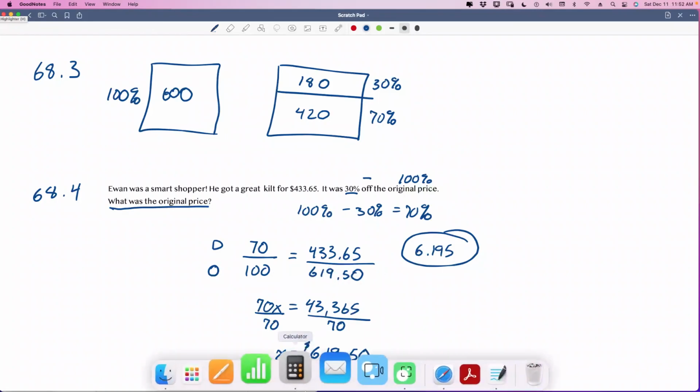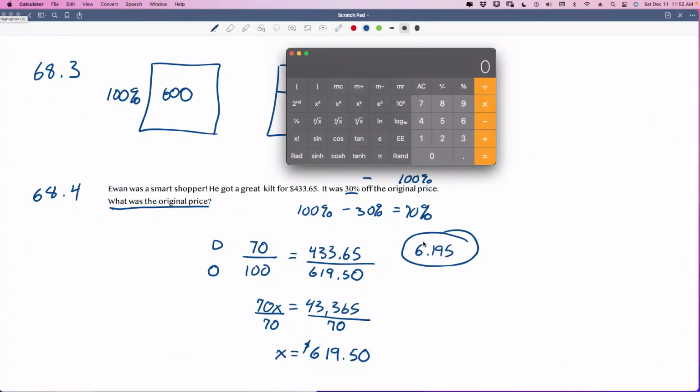So when we can multiply both numbers by the same factor, 100 times 6.195 gives us 619.5, and 70 times 6.195 gives us 433.65.